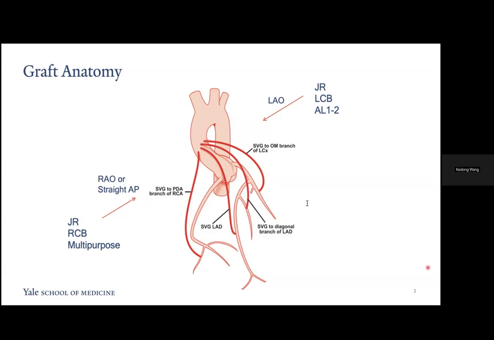Like native vessel diagnostic angiography, we tend to use LAO to view vein grafts to the right, and we often use straight AP projection to view vein grafts to the left. Although, depending on the position of the left-sided vein graft, sometimes an RAO view would be beneficial because it's more orthogonal to the insertion of the vein graft.